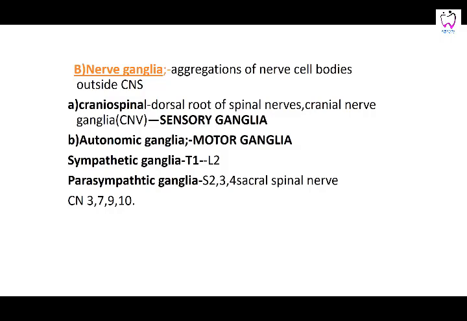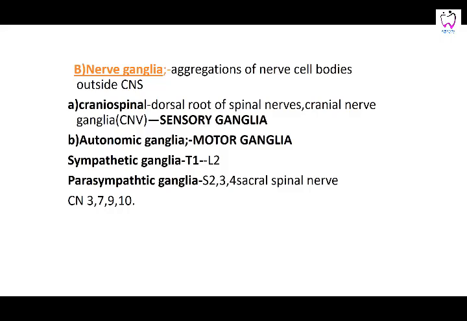The sympathetic is thoracolumbar, whereas the parasympathetic is craniosacral, that is cranial nerves 3, 7, 9, 10 plus S2, 3, 4. That is concerned with the parasympathetic fibers, and sympathetic is T1 to L2.